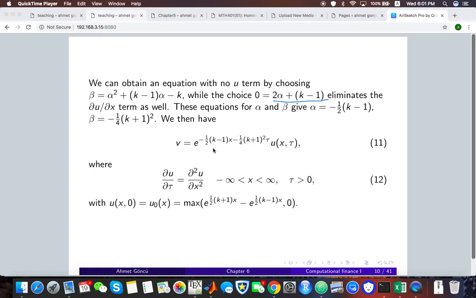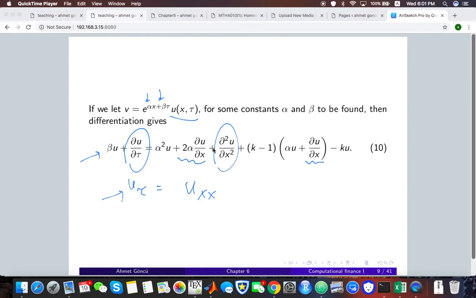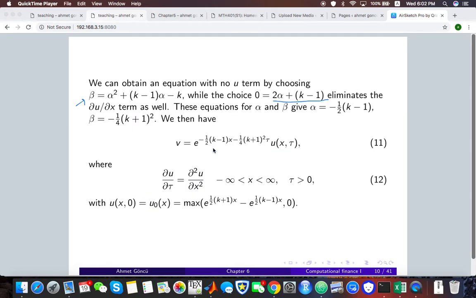And you can also see the first condition here. We have this beta u term, this alpha squared u term, and this k minus 1 times alpha u, and minus k times u terms. So these are all u terms, and they are represented in the first equation here.